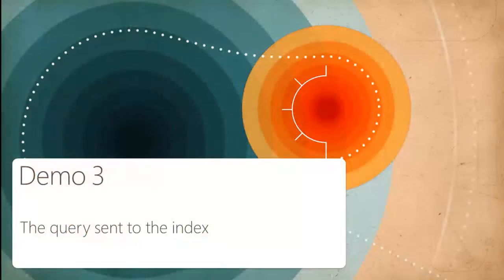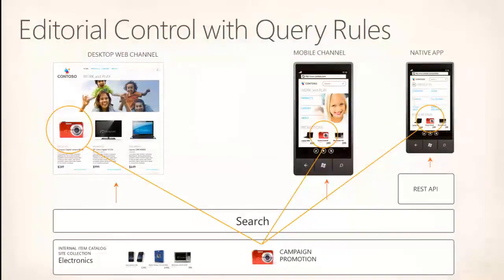And also, as you can see there, we have something called publishing rules. And this is basically editorial controls with query rules. Because we can use query rules to boost items or promote items, insert result blocks, and further. Now, since we can configure whether a query rule is active or not, and we can also set the time span within which a query rule is active, it now functions actually as editorial control.